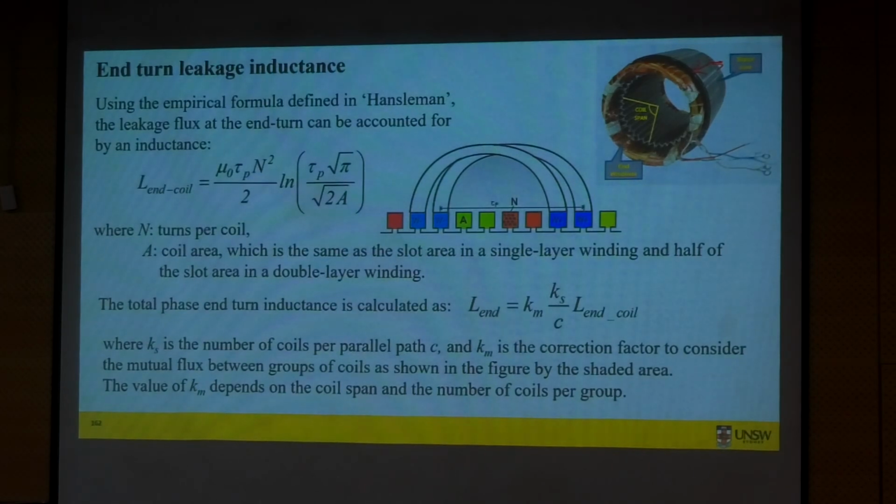This part is known as end turn. End turn does not contribute to torque production, but you cannot avoid it because your conductors are in different slots. To bring the conductor from one slot to another, it has to come out, right?